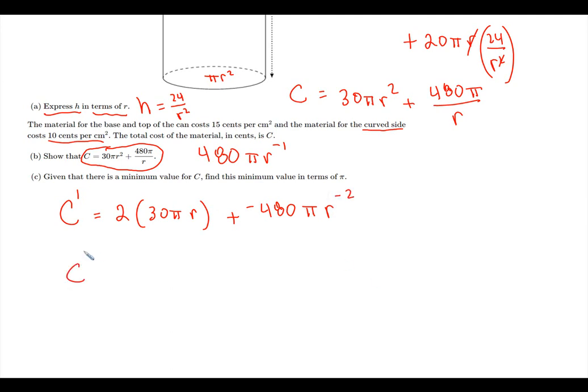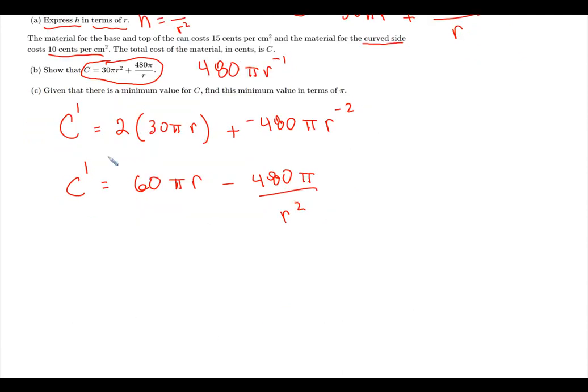So the derivative of the cost is 60 pi r minus 480 pi divided by r squared. Now set the derivative equal to 0.